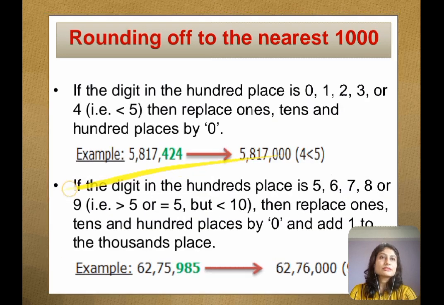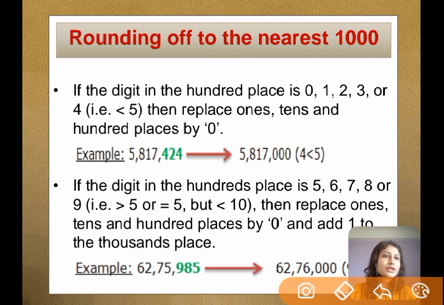Now next, rounding off to the nearest 1000. For that you have to consider 100 position. What is here in 100 position? So it is 4. That means it is less than 5. For that you have to replace 100 tens and ones with 0 and write down rest of the digits as it is. Then what about if the digit is greater than or equal 5?